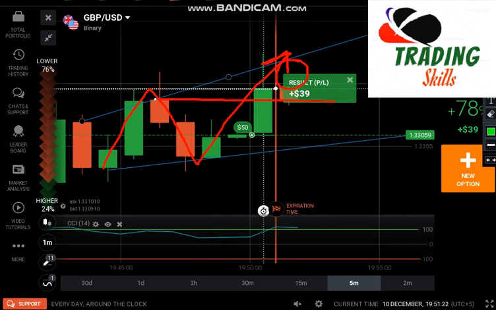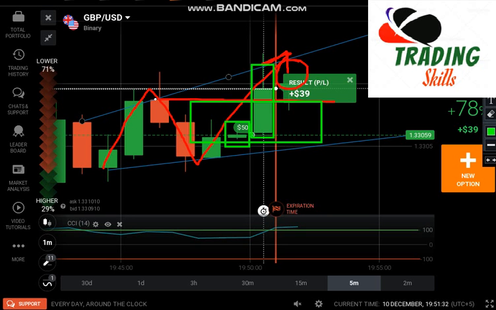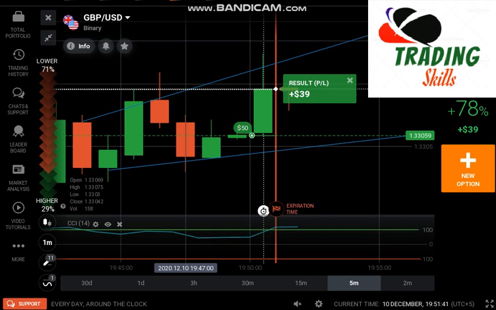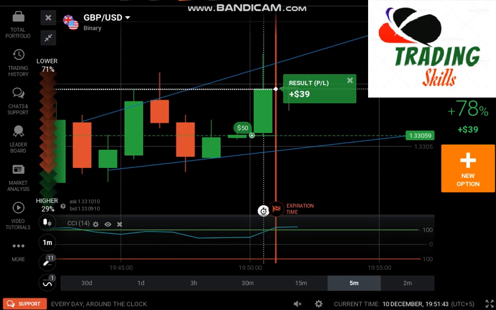So this area was a secure area for me to take trades, and I took my two trades, and I predicted both candles exactly in the direction of the trend and as per my prediction. So for me these both trades are winning trades.